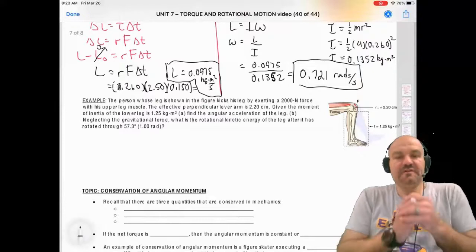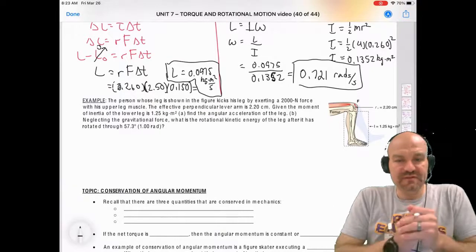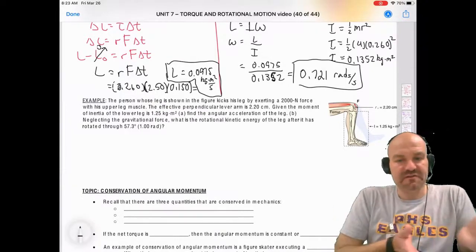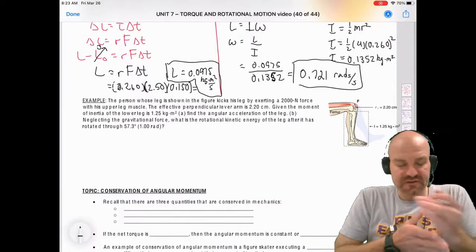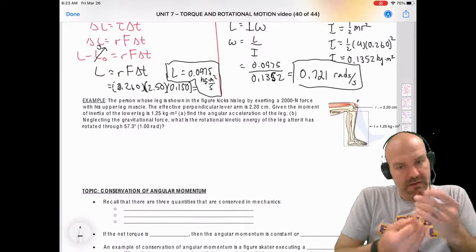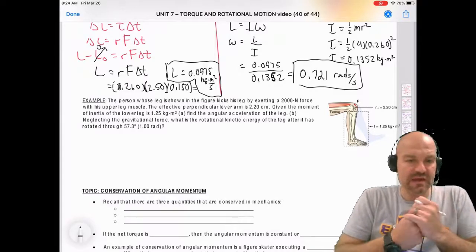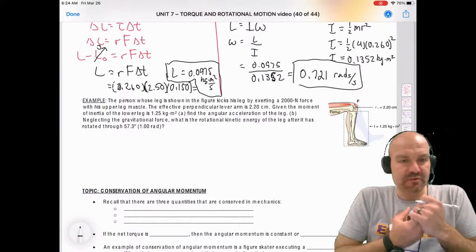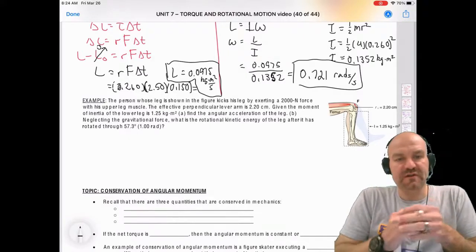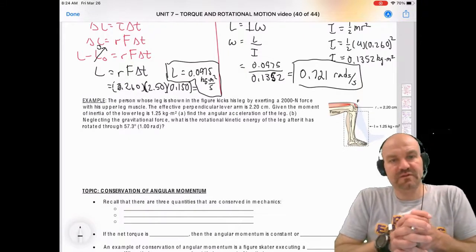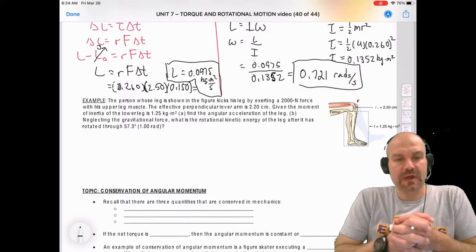A lot of times students ask, why do I take physics if I want to be a doctor? Here's an example. You can see here, this is talking about a leg and the femur and the muscles and the ligaments. And so this says the person whose leg is shown in the figure kicks his leg by exerting a 2,000 Newton force with his upper leg muscle.